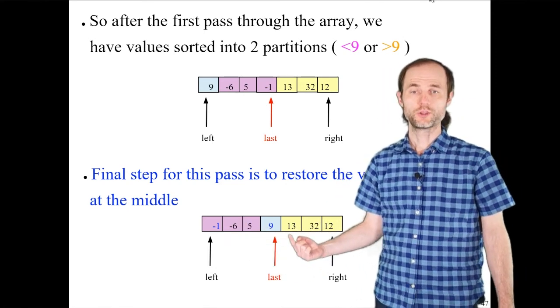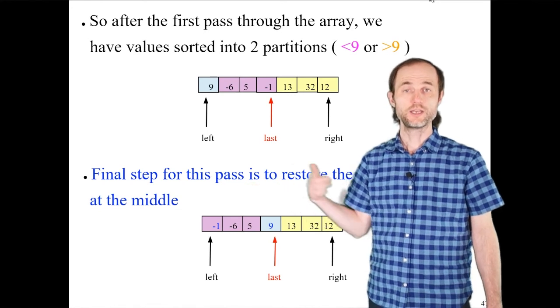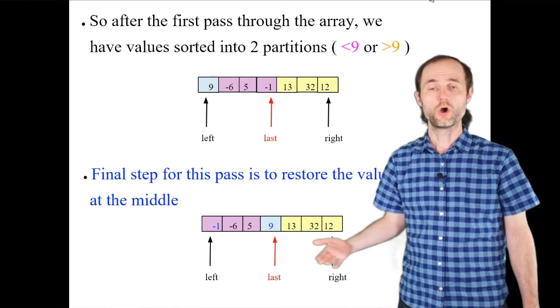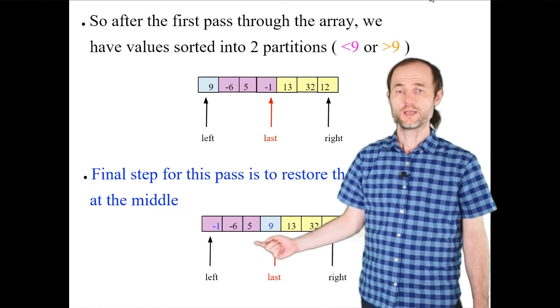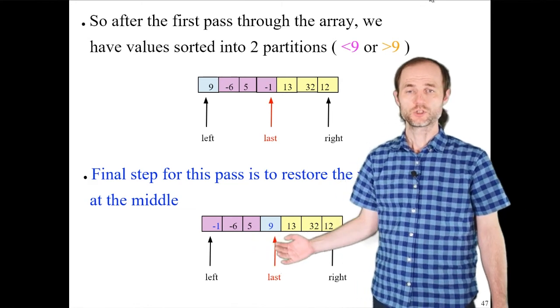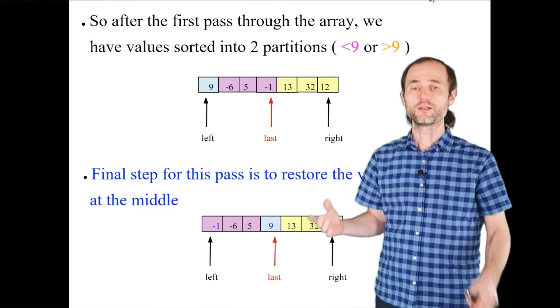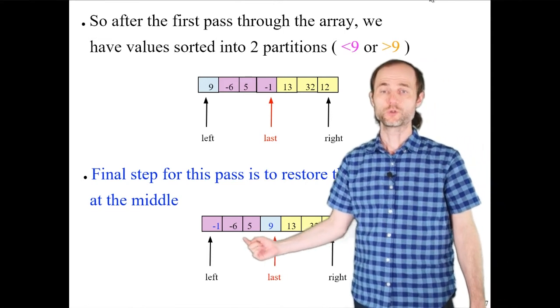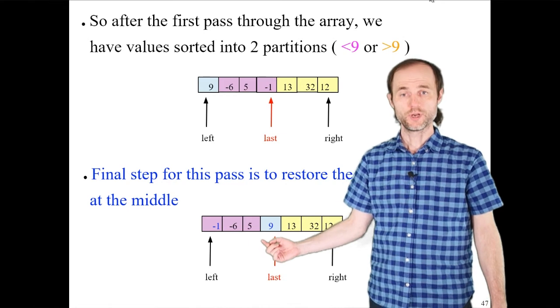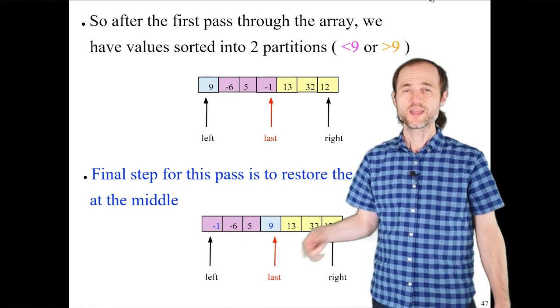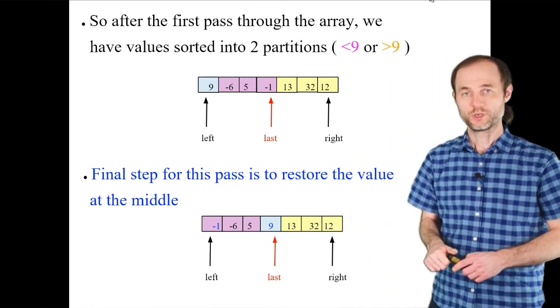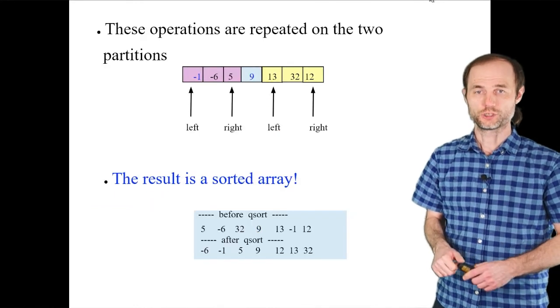There's no way that 13 will ever end up to the left of 9, because 13 is greater than 9, and so are the other elements here. And the same thing applies to the elements to the left. So sorting on this middle element allows us to then focus on smaller subarrays of the big array. And that is what allows the qsort algorithm to be so efficient.